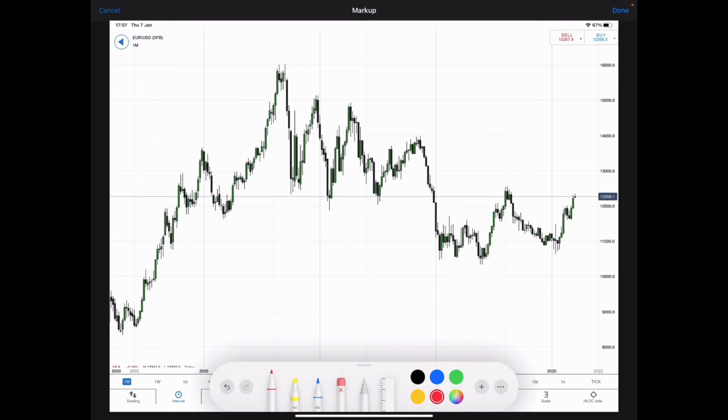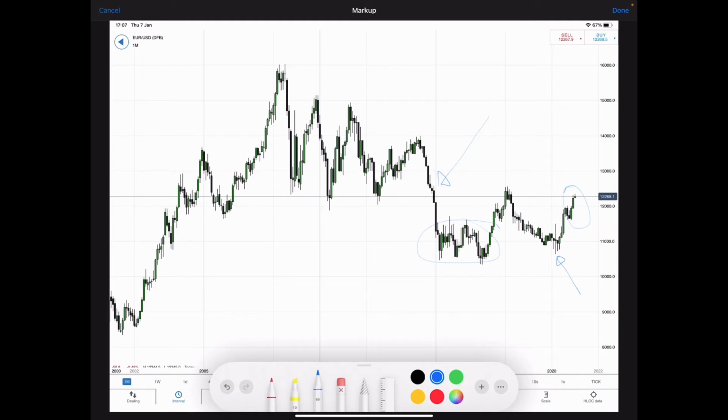Okay. First things that we want to make a note of when we're looking at the monthly chart like this is this drop, this consolidation, this low, which failed to make a new low, and then where price currently is right now. They're the things that really stand out for me, and I will make a note.